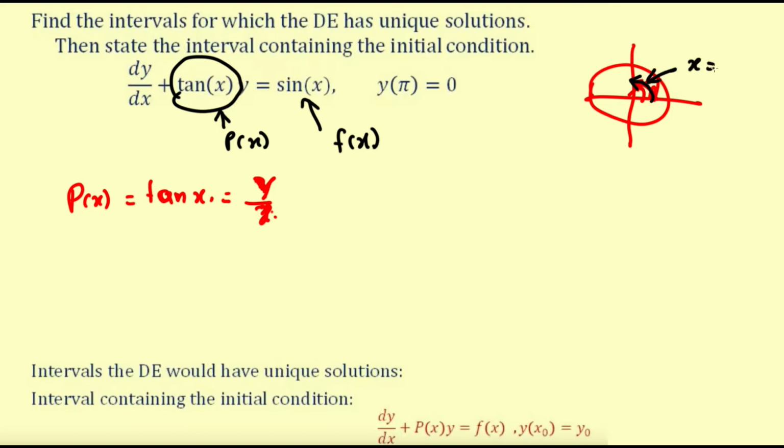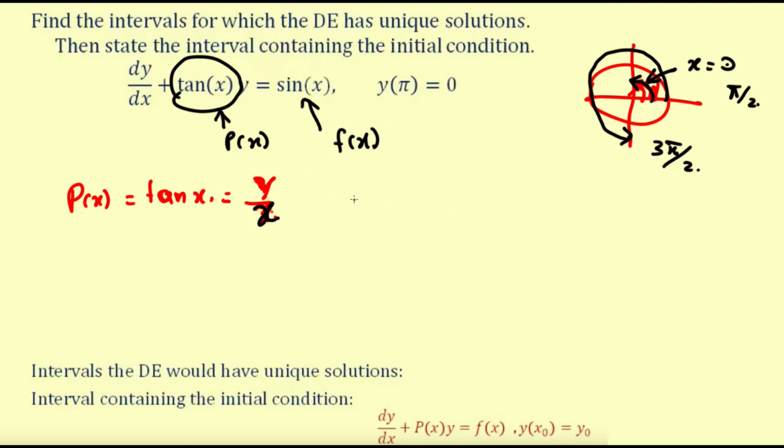Because in the denominator we have x is 0, which is the straight vertical line, and also this is pi by 2, and also we have x is 0 right here. This is 3 pi by 2. So it's discontinuous in this kind of situation.